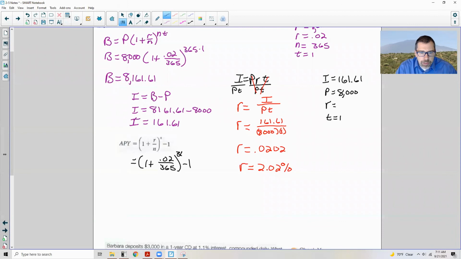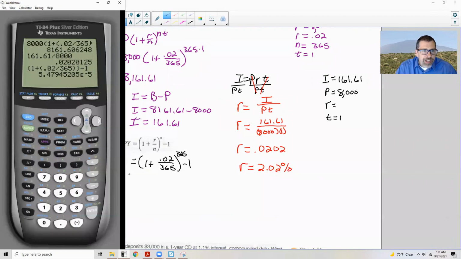That would help. This is supposed to be to the power of 365. Alrighty then, let's try that again. Parentheses 1 plus another parentheses 0.02 divided by 365, parentheses, to the power of 365, minus 1. That's better. 0.0202, just what we got here.